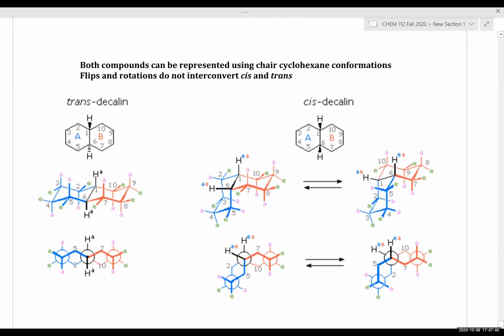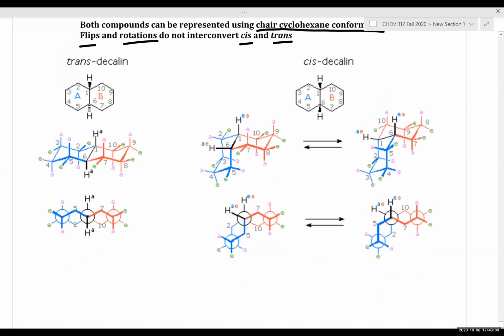Both compounds can be represented using chair cyclohexane conformations, and flips and rotations do not interconvert these cis and trans stereoisomers. One thing that's unique is that trans decalin cannot ring flip. And this is driven by geometric constraints.